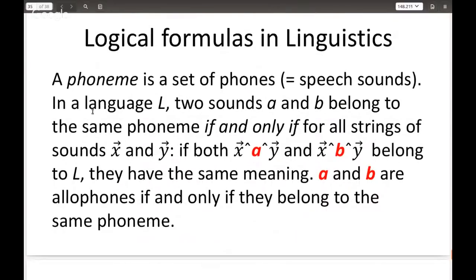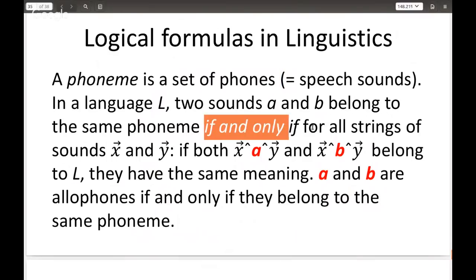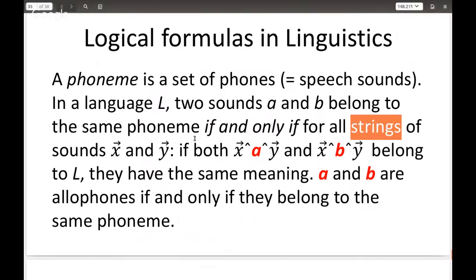And so in language L here, two sounds, A and B, belong to the same phoneme, which is a set of phones. They belong to the same set if and only if, this is logic here, there's even a formula for representing that phrase, for all strings of sounds. So these represent strings of sounds here.